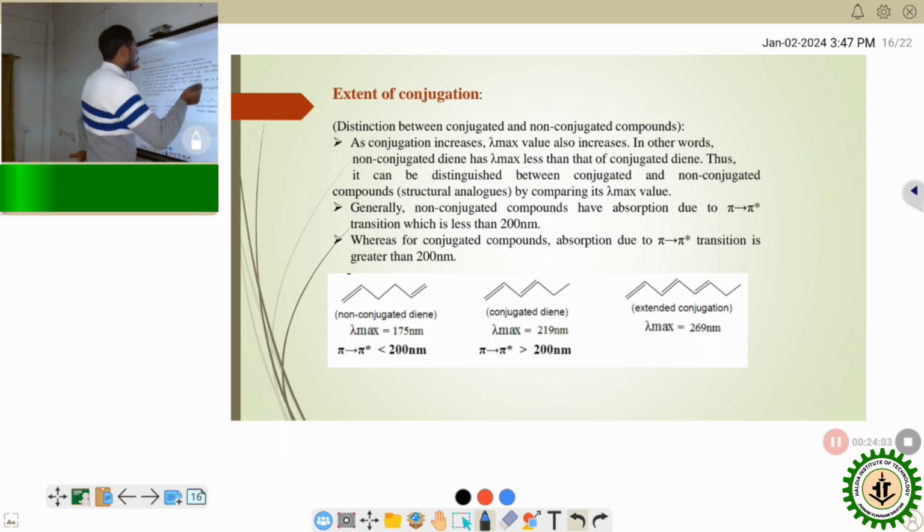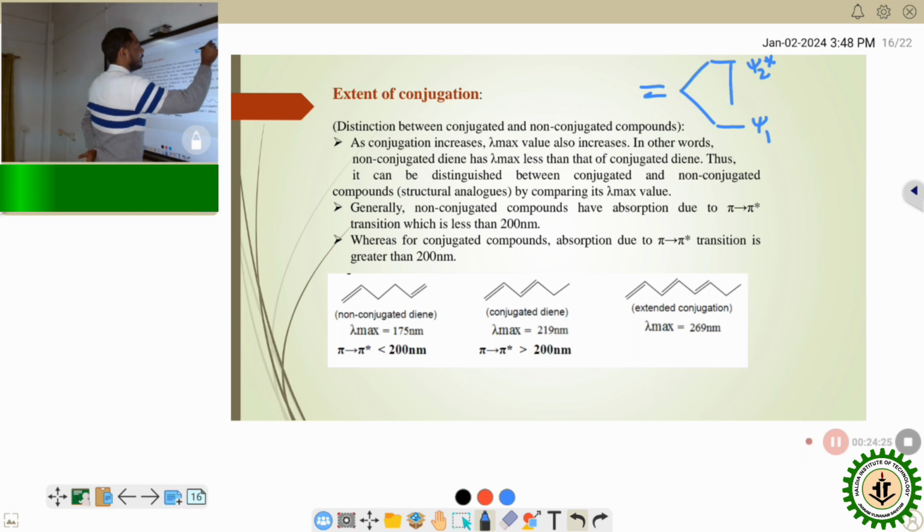You know from molecular orbital theory that in the pi molecular orbitals of the ethylene molecule, only 2 MOs are observed. One is bonding and another is antibonding, that is psi 1 and psi 2 star. This is the energy gap between HOMO and LUMO for ethylene.